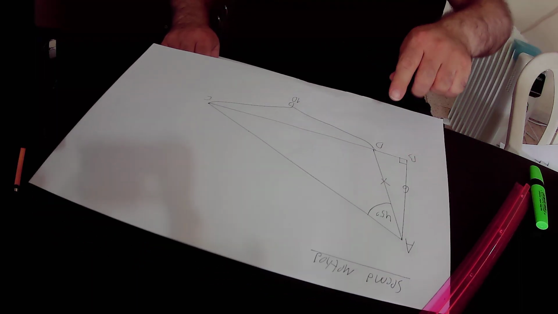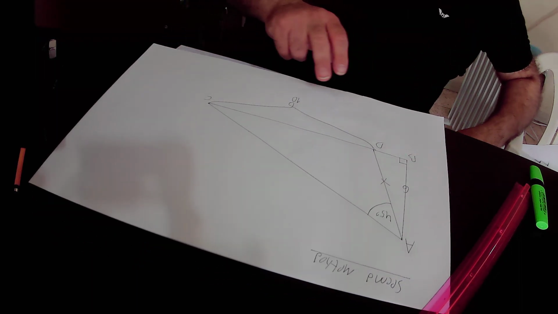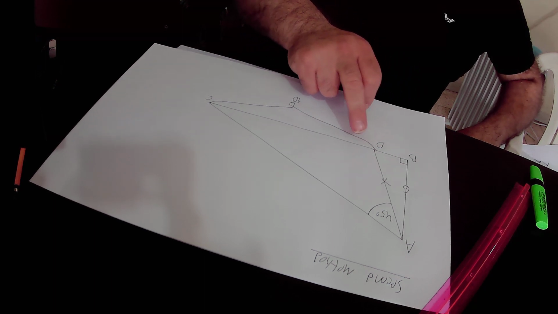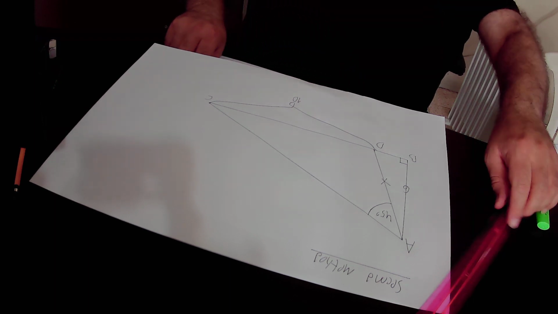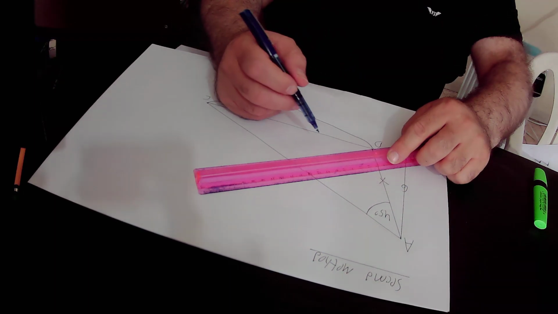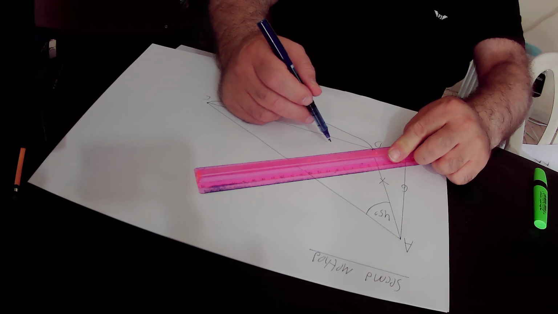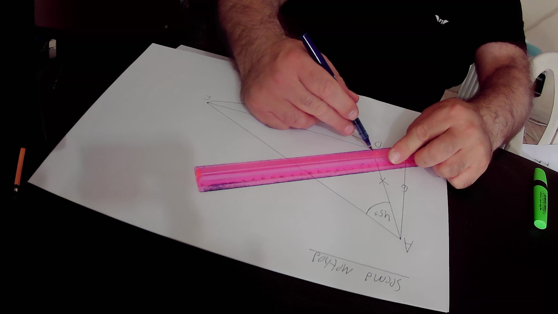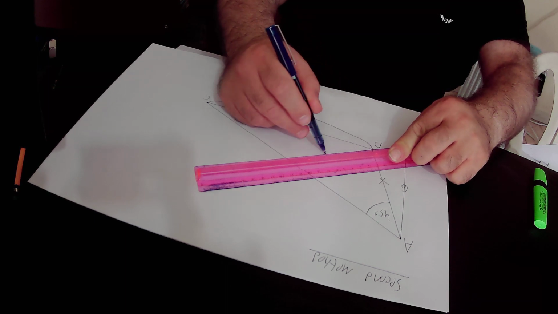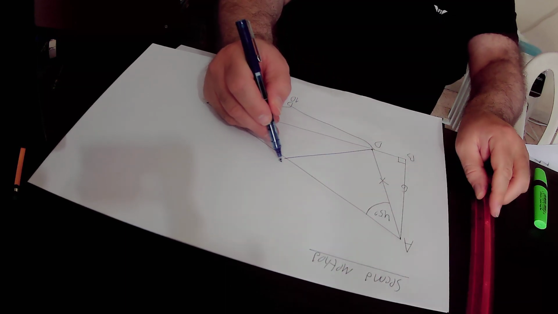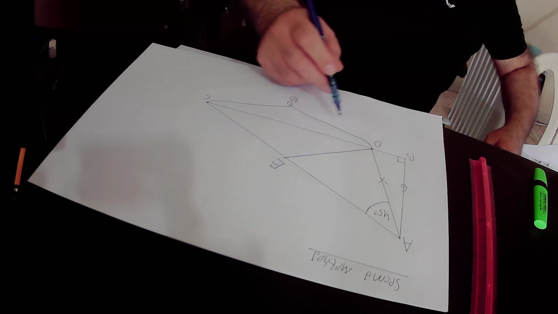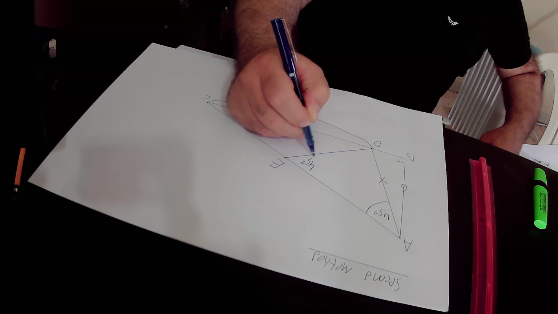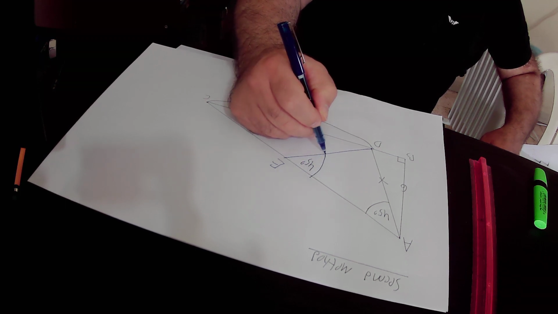From point D, we'll draw a straight line on AC in such a way that the angle that will be created will be equal to 45 degrees. So, here, angle AED equals 45 degrees according to our construction.